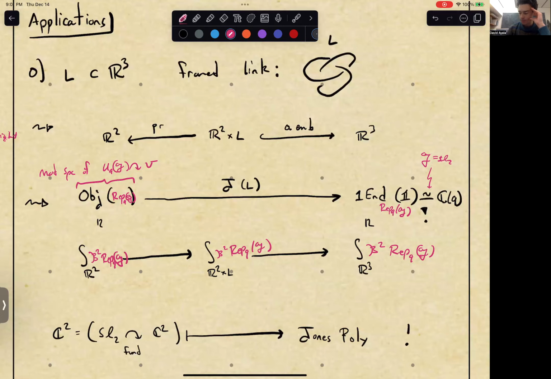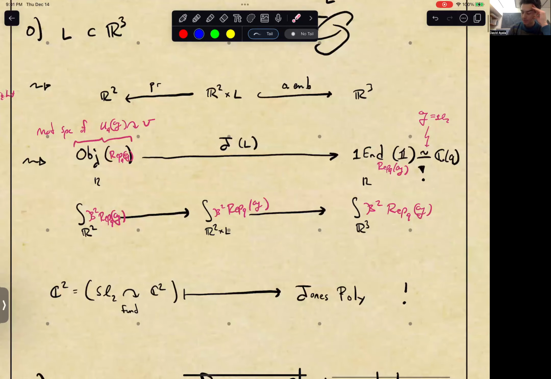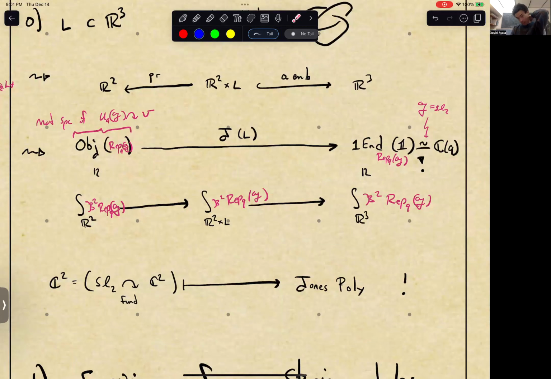So this composite on factorization homology, through these calculations on Euclidean spaces, determines a way of assigning to every finite dimensional representation of little SL2 a rational function. And that agrees with the Jones polynomial. Specifically, when you evaluate on the fundamental representation, you literally get the Jones polynomial.